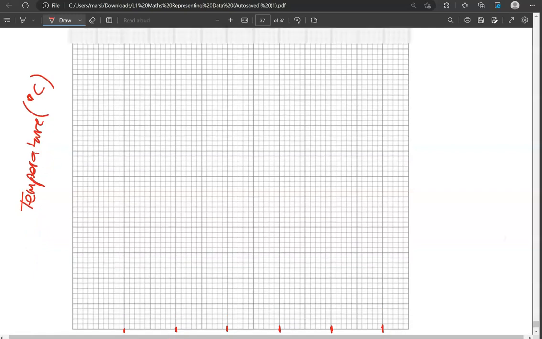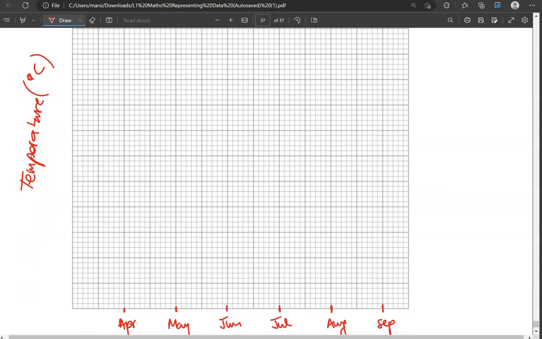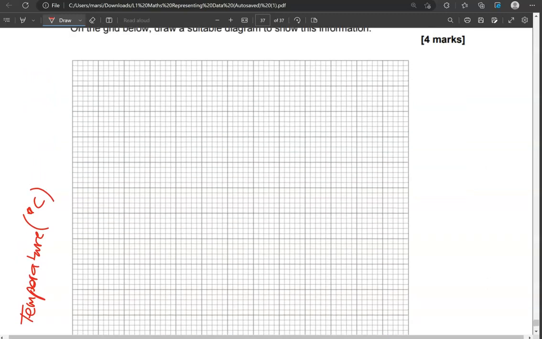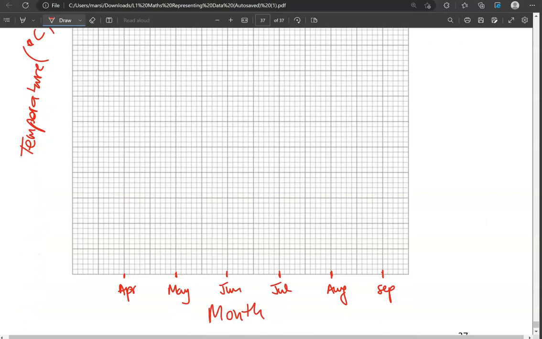So let's see how many squares do we have in here. 1, 2, 3, 4, 5, 6, 7, 8, 9, 10, 11, 12, 13, 14, 15. So that means we can represent 2 degrees with 1 square.